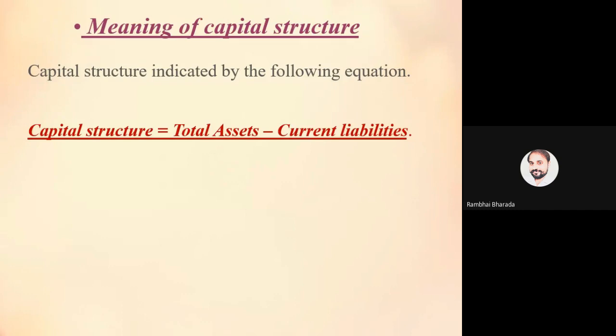Or in the other way, we can say that capital structure is equal to equity plus preference plus debt plus internal resources, meaning surplus and reserves. Are you getting my point? Capital structure is equal to equity shares, preference shares, debentures, loans, and the sum of reserve and surplus.